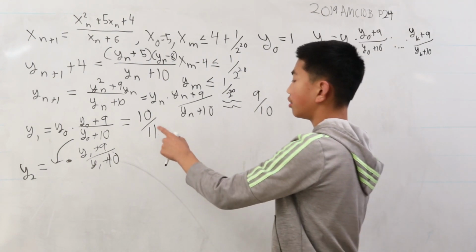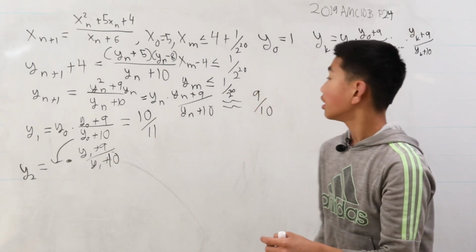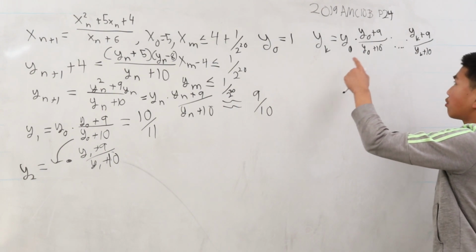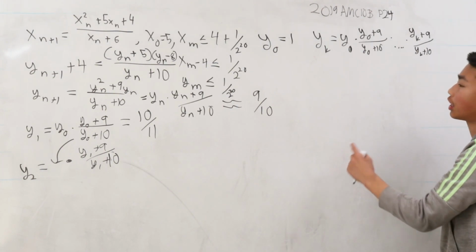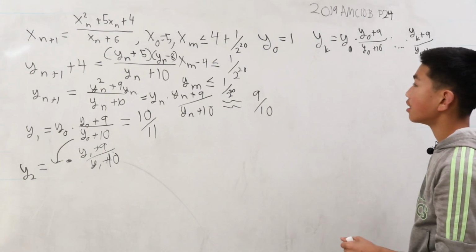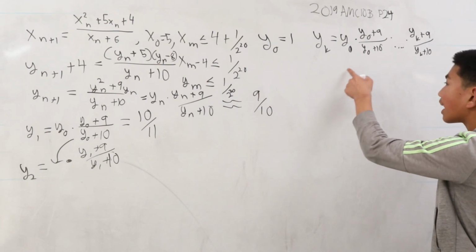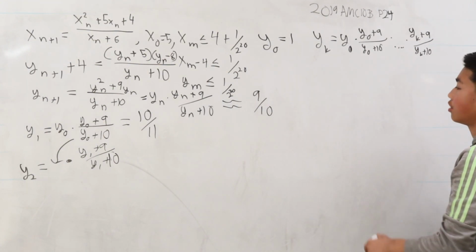As you notice, you can just keep on multiplying. If k is infinity, then this sequence will keep on going until infinity. So we have this piece of information.